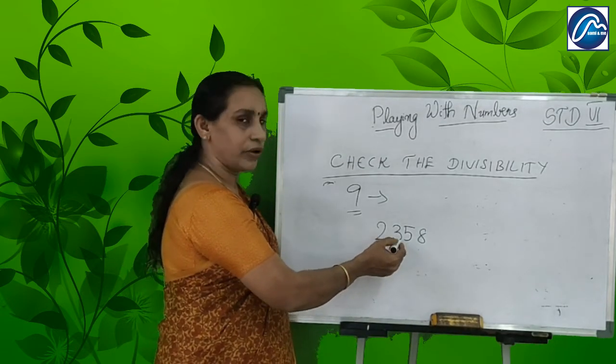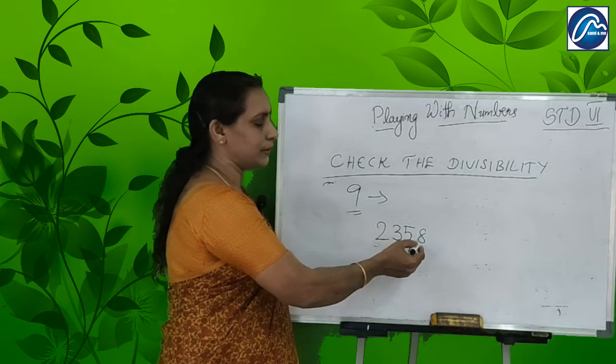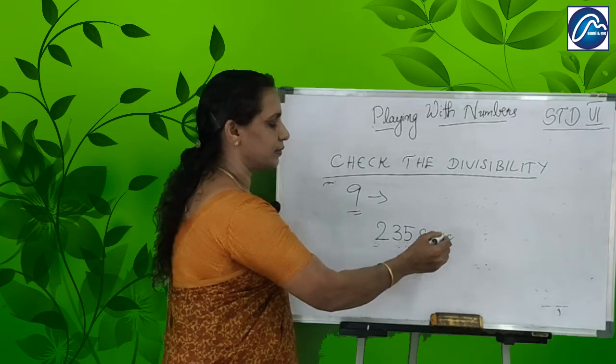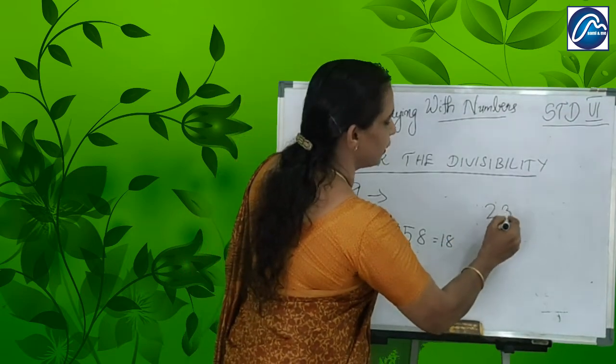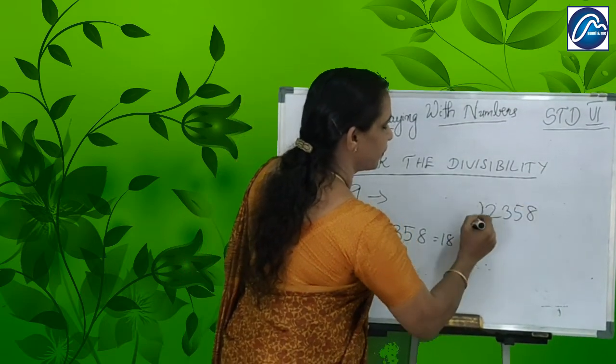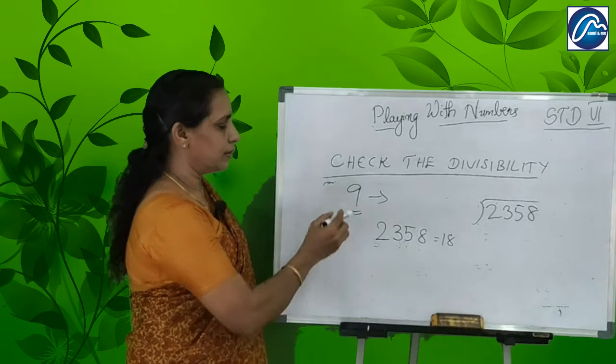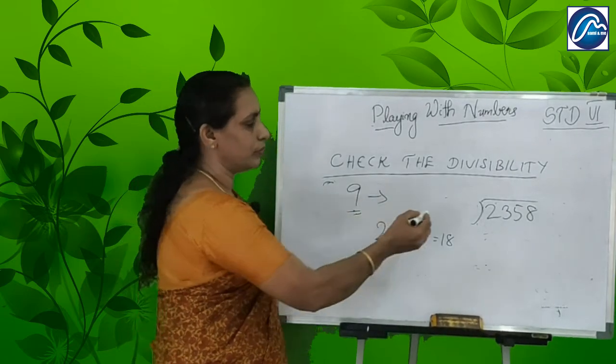2 plus 3, 5, 5 plus 5, 10, 10 plus 8, 18. So, let us check. 2, 3, 5, 8. 18 is a multiple of 9.